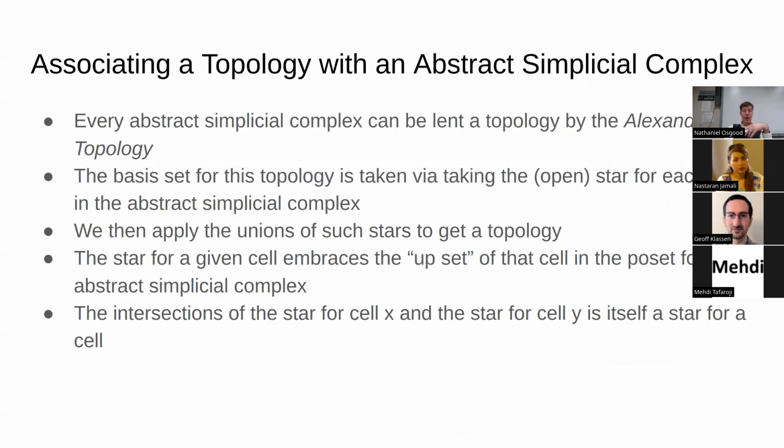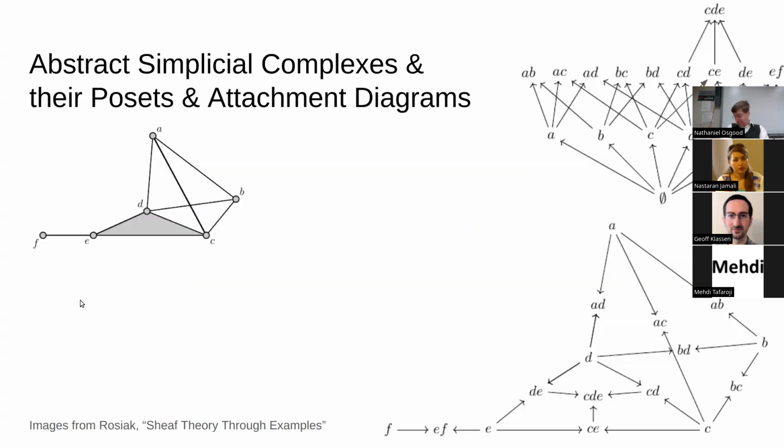And it turns out that's going to be a topology for the topological space formed by the set. So the stars are going to define an O of X, where O is the fancy little O, right? And X is the set of all simplices here.